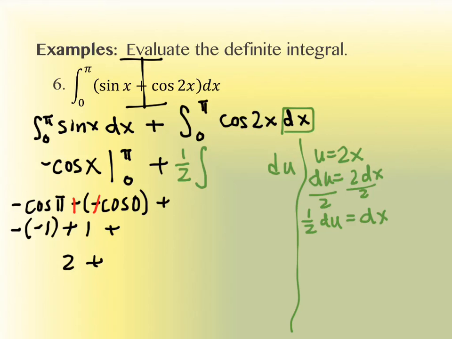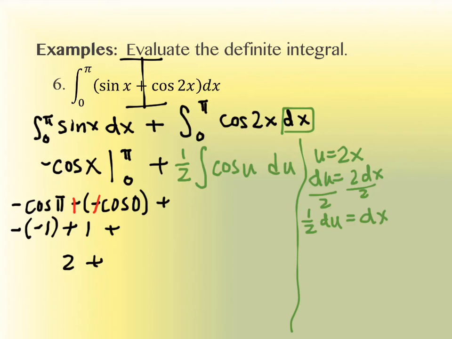In the middle, I have a cosine. A cosine of a what? A 2x right now, but what should it be? Of u right now, because I'm changing them into u's. So 2x is equivalent to u, so I replaced the 2x with the u. So I don't have a 2 in there anymore. Is everybody good?